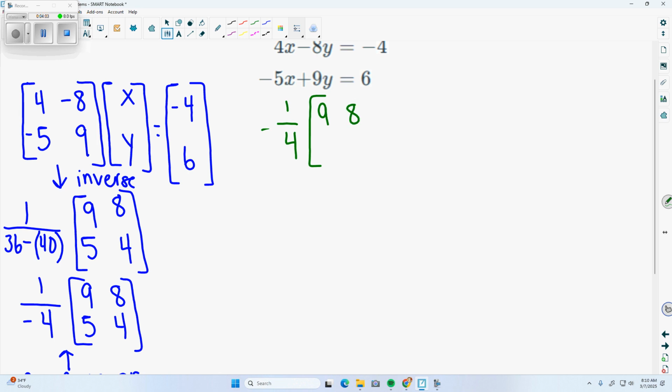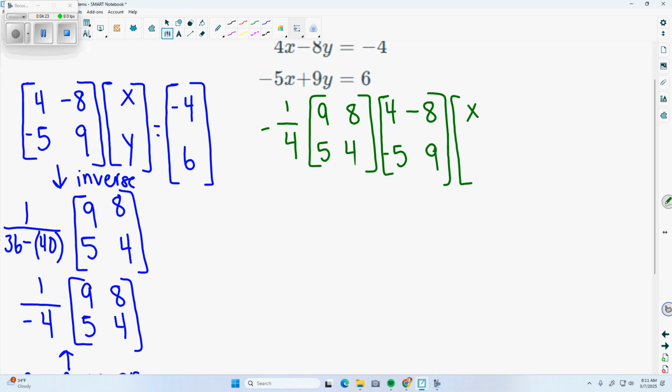So we have that inverse matrix times that coefficient matrix. So what I do to one side, I'm going to go ahead and do to the other. Keep things equivalent. That variable matrix equals, okay, remember that inverse matrix has to come first, multiplying this other side here.